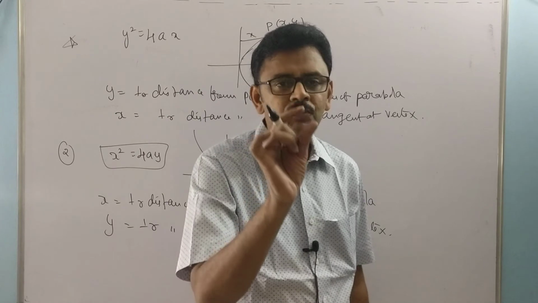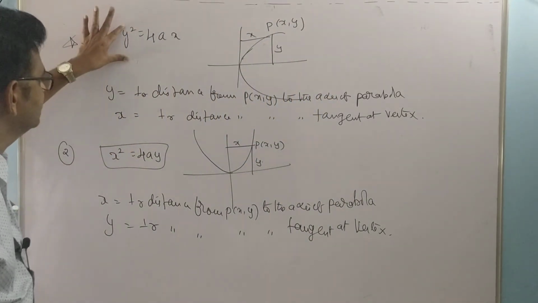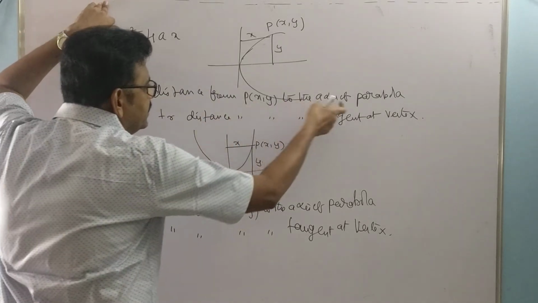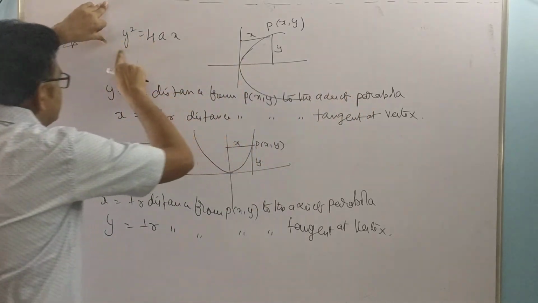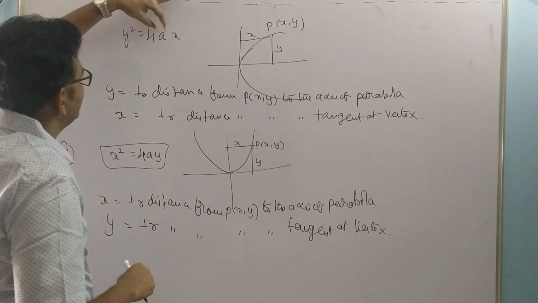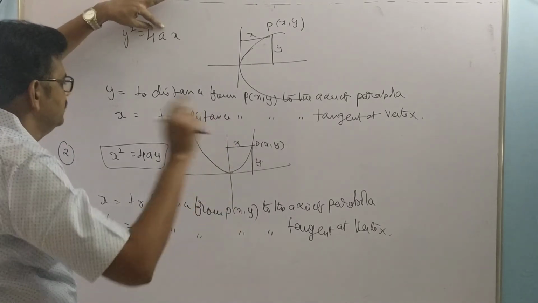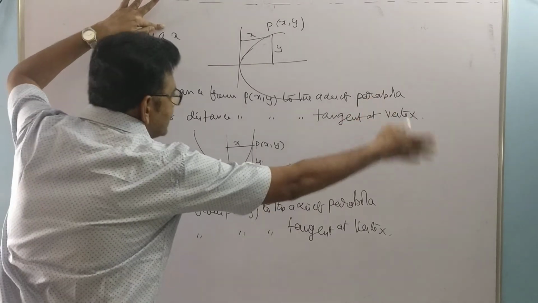So the conclusion, in general, the equation of a parabola in any case is: the perpendicular distance from the point P to the axis of the parabola, whole square, equals the length of the latus rectum into the perpendicular distance from the point P to the tangent at the vertex.